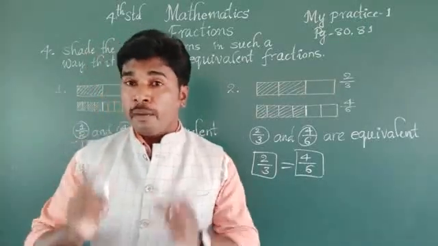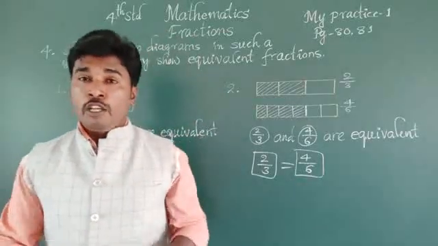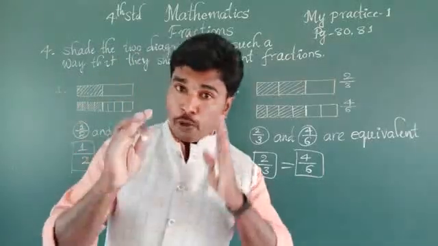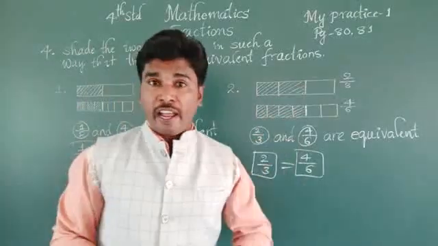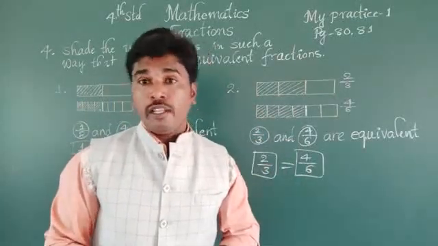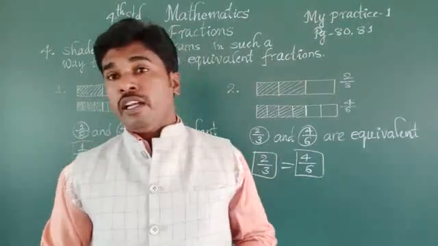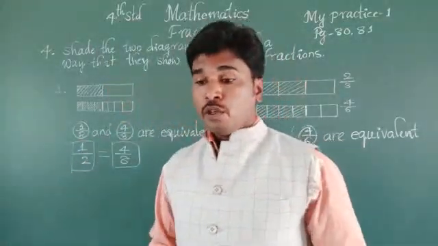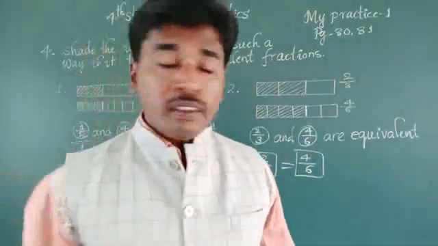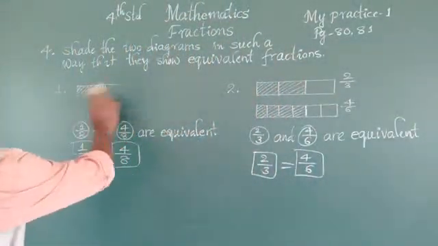Dear children, the remaining questions given in your textbook, please shade to get the equivalent fractions. I am sure that you will finish. It is very easy, so that you can write the answer. Now I should proceed to another main.